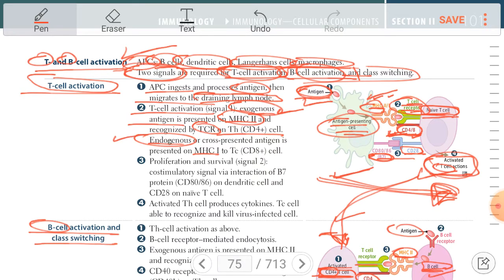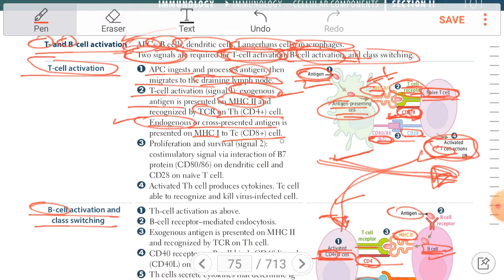But in case of endogenous, it will be presented on what? Cross-presented antigen is presented on what? MHC1, and it will bind to what? CD8 plus T cell receptor. CD8 plus there is another signal which is responsible for proliferation and survival.